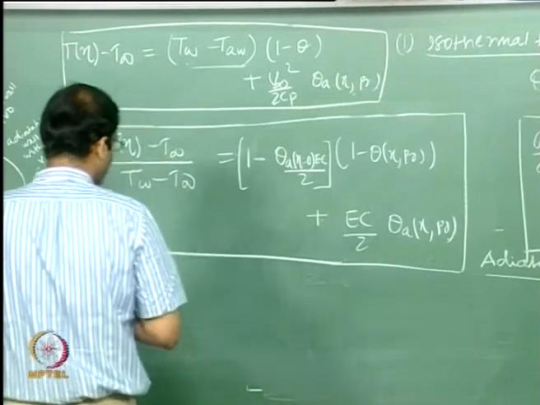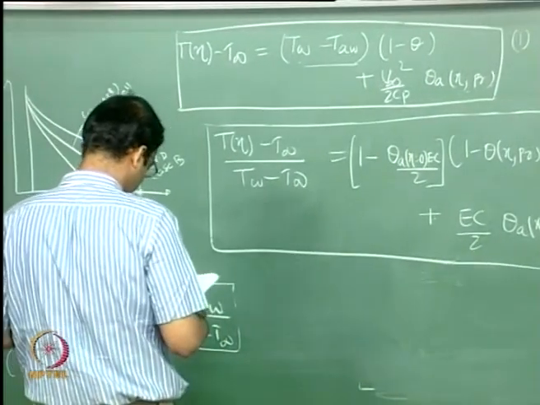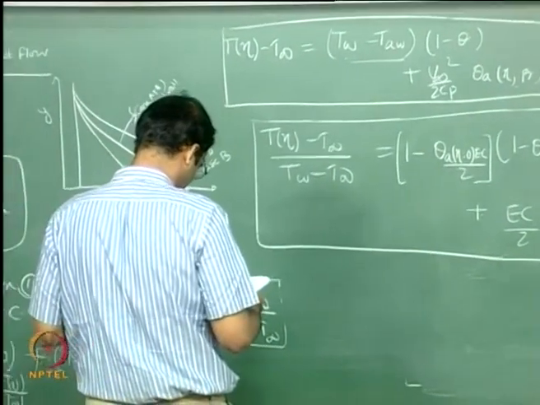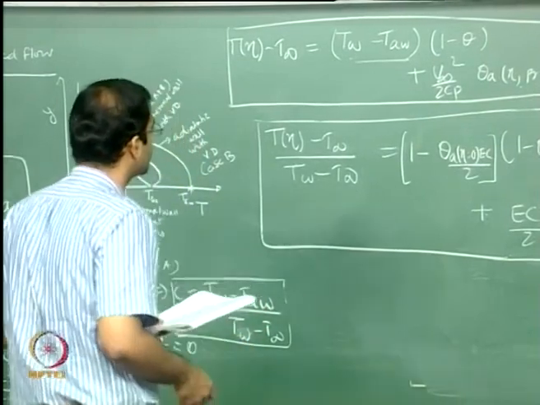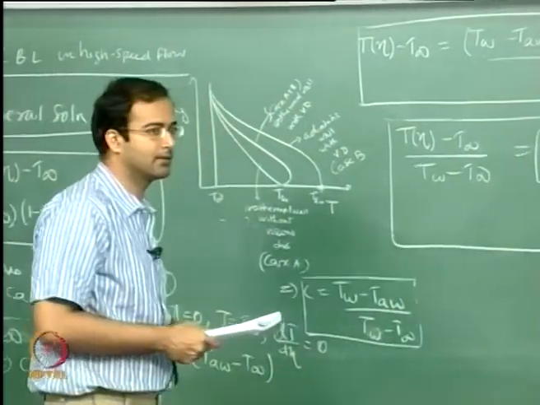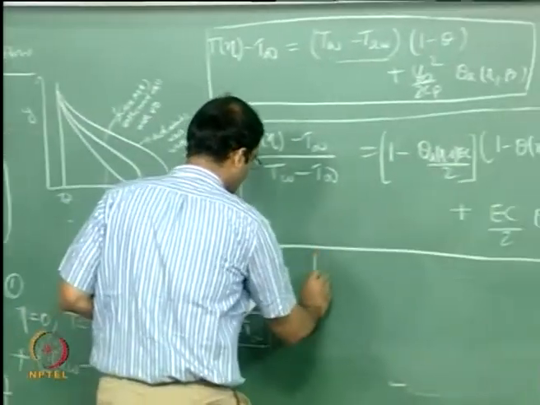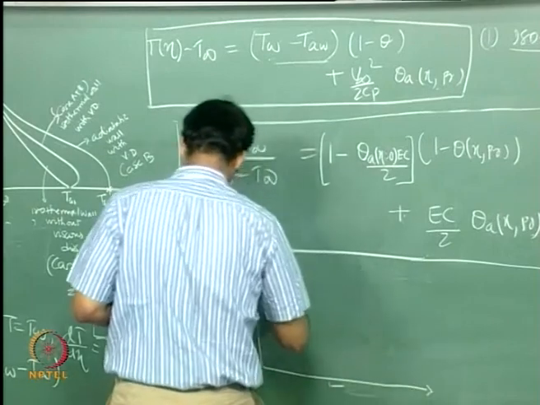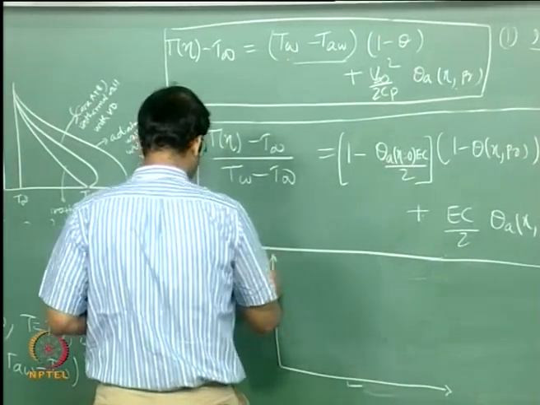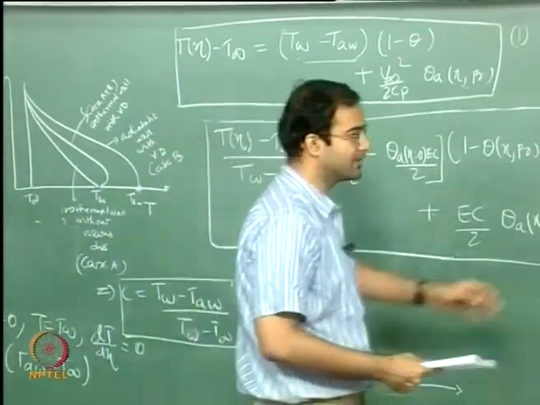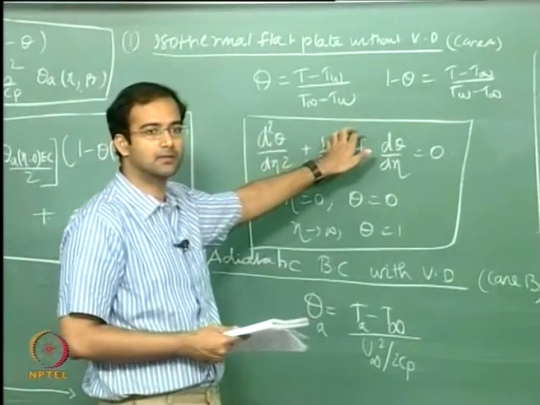So let us see how, if you plot the solution for temperature, how these profiles look like. Any doubts on this so far? So if you plot the temperature profile, first let us look at case B solution, because case A we already know how the temperature profile looks.